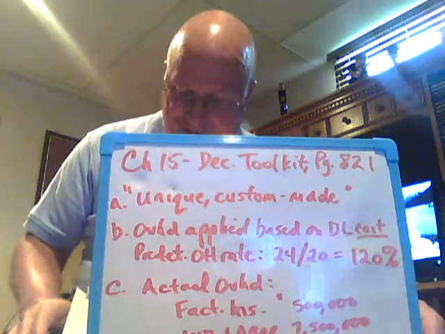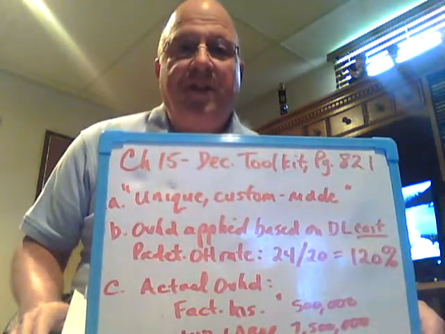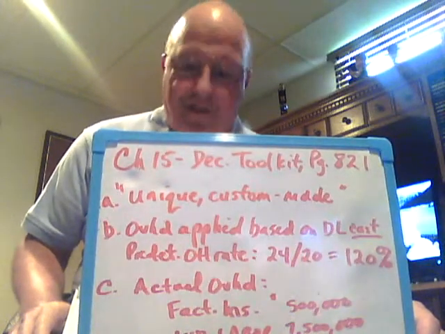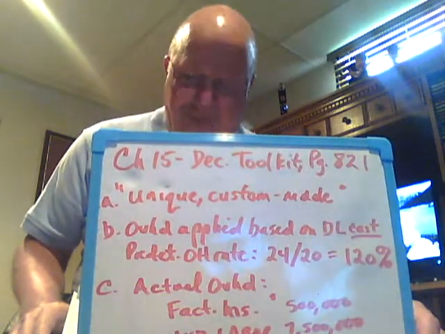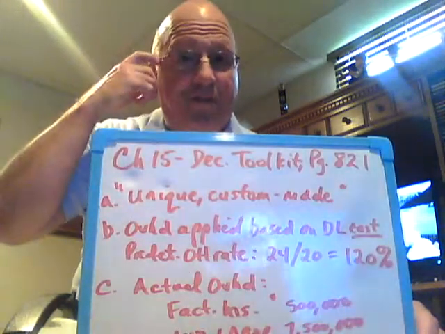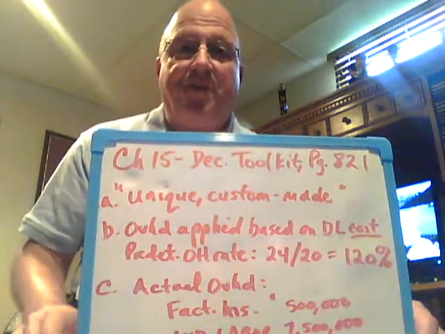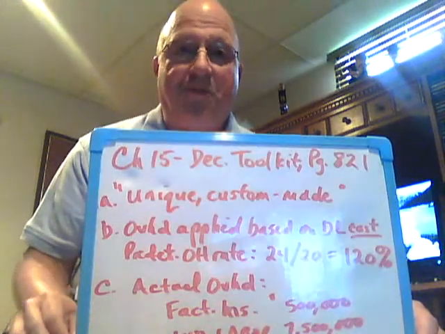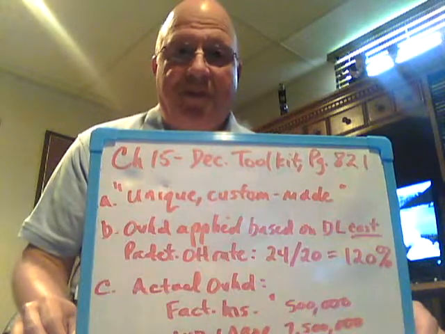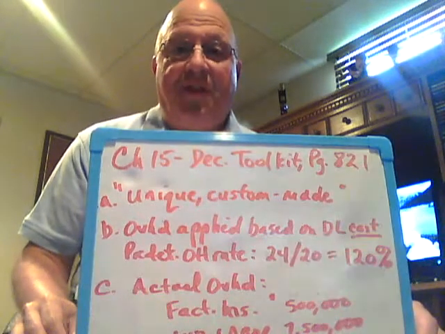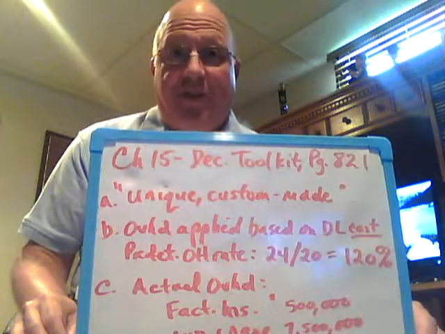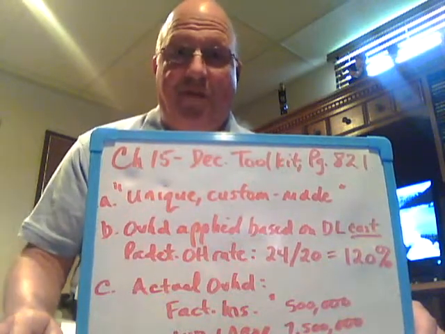regarding why this company is using a job order cost system, well, the words you needed to latch onto in the problem as they describe the business that they're in is unique and custom made, because that is the situation where you would expect a job order cost system to be used versus a process cost system, which is one that is used for the manufacture of very similar products that are being done basically the same way over and over again.